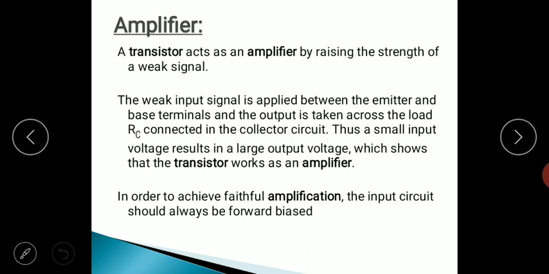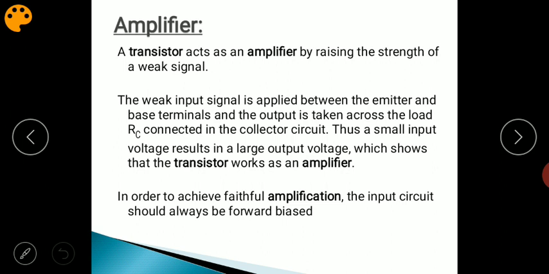That is, the transistor circuit which increases the strength of the input weak signal is called as transistor amplifier. Normally the weak input signal is applied between the emitter and base, and the output is taken across the load RC connected in the collector. Thus a small input voltage results in a large output voltage. That shows that transistor works as an amplifier.